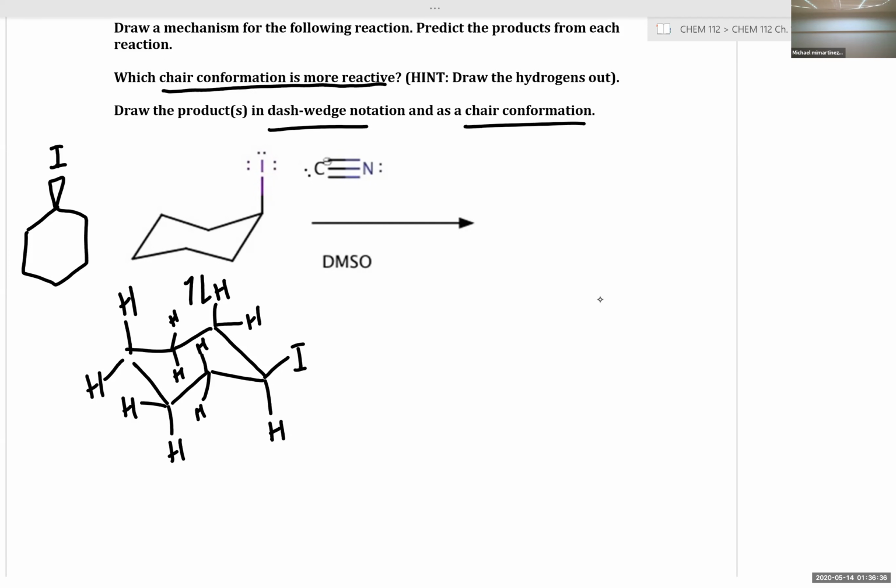So don't be shy to break out the annotate tool and try to predict and draw the products from this reaction. And I'll be making a model for our discussion in approximately 3 minutes. But I'd like to see a few responses using the annotate tool before we discuss in detail.